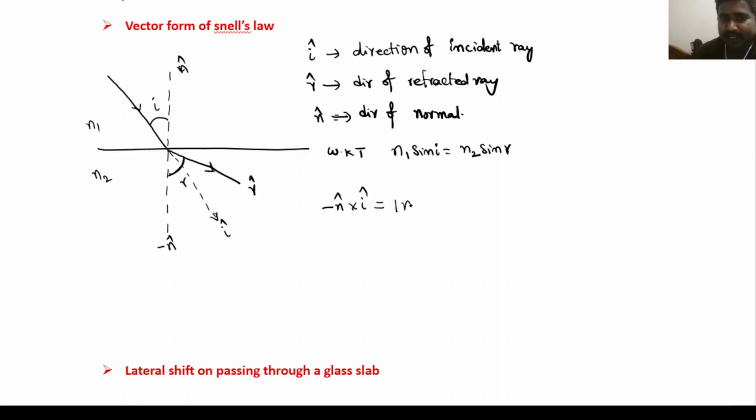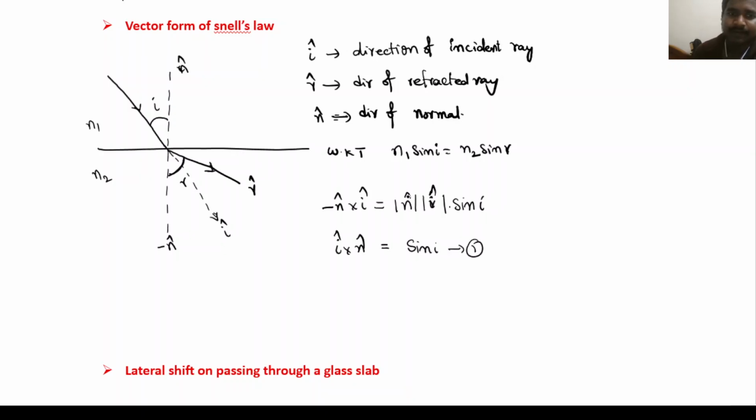Therefore you get magnitude of n cap times magnitude of i cap times sine of angle of incidence i. These are all directions only, that's why they are unit vectors. So for sin i you can replace minus n cap cross i cap with i cap cross n cap, because A cross B equals minus B cross A.